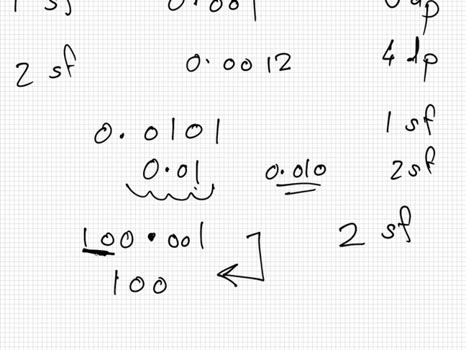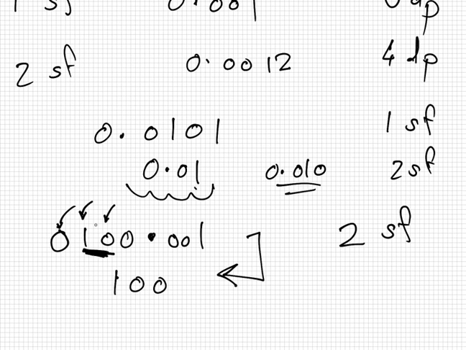Because this counts as the first and this counts as the second, even though it's a 0, because it came after the first number, okay? But if I had a 0 here in the front, do you count this one? No. You only count these ones here. Okay?